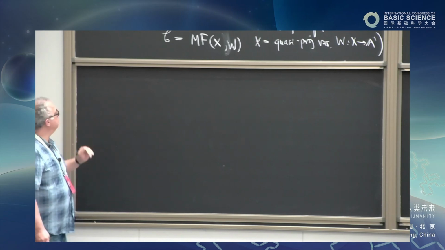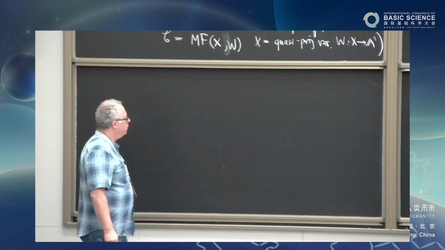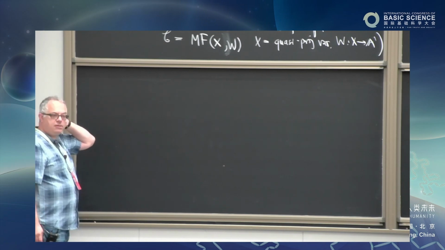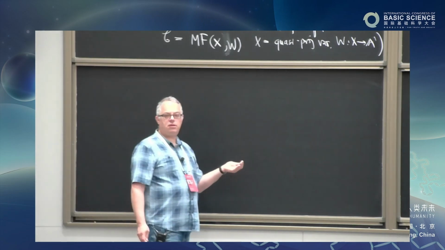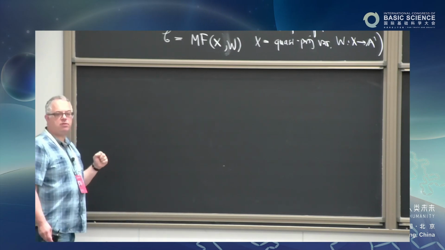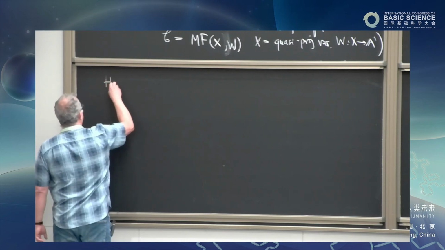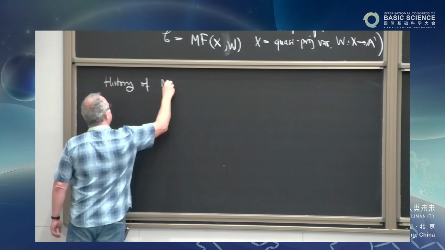So in fact, the original motivation for trying to develop these invariants was to try to understand the relationship between homological mirror symmetry and enumerative mirror symmetry, and that's what I'm going to try to explain to you now, where this comes from. So I want to tell you a little bit about the history of mirror symmetry.